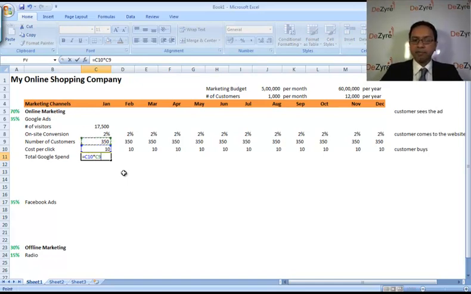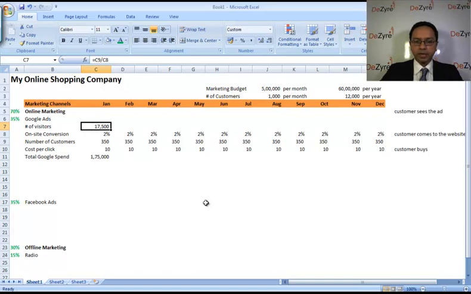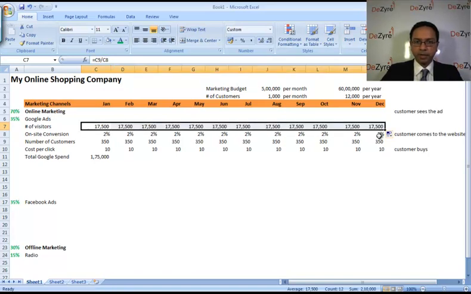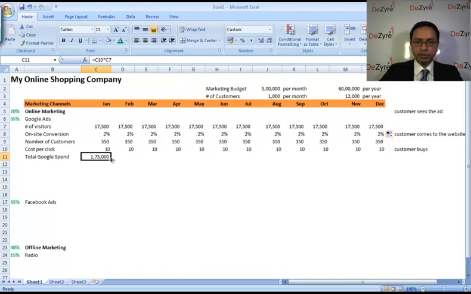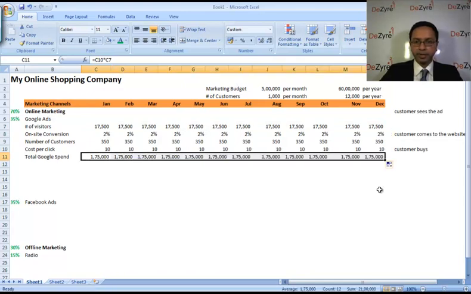How many clicks is the same as the number of visitors to your website, 17,500. 1.7 lakhs is how much you spend on Google AdWords every month. Okay, and I'm going to have to copy this formula over as well, and this Google ad spend as well.